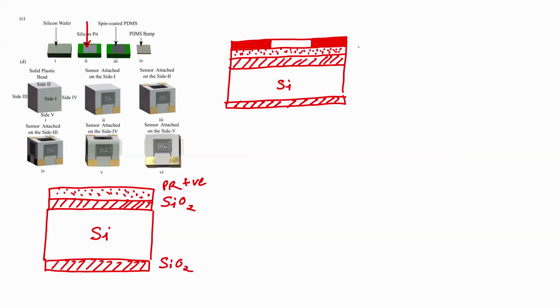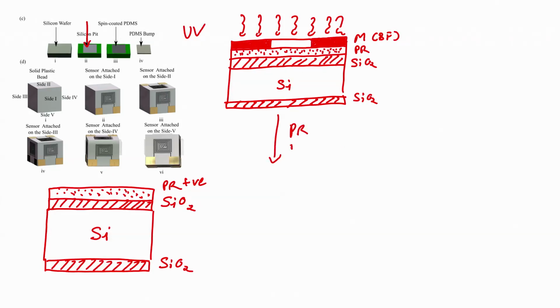So, now we know what the things are: a SiO2 layer, then we have photoresist, and we have a mask, which is bright field. After that, the next step would be UV exposure. After UV exposure, there is the photoresist developing step.